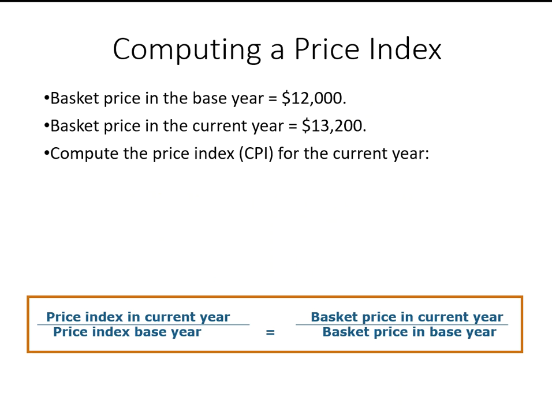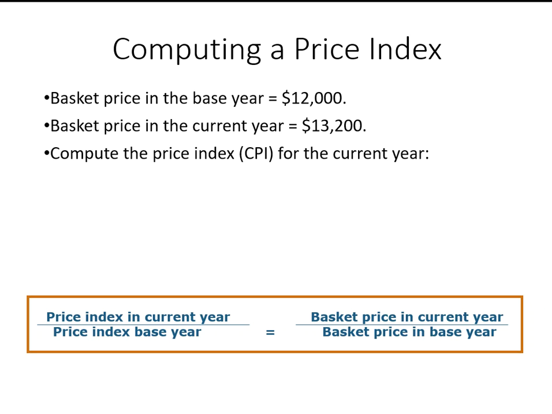Next, we will do a little exercise before we move on to other ways to calculate inflation. The formula here is the relationship between the price you are trying to measure and the whole basket's average price.